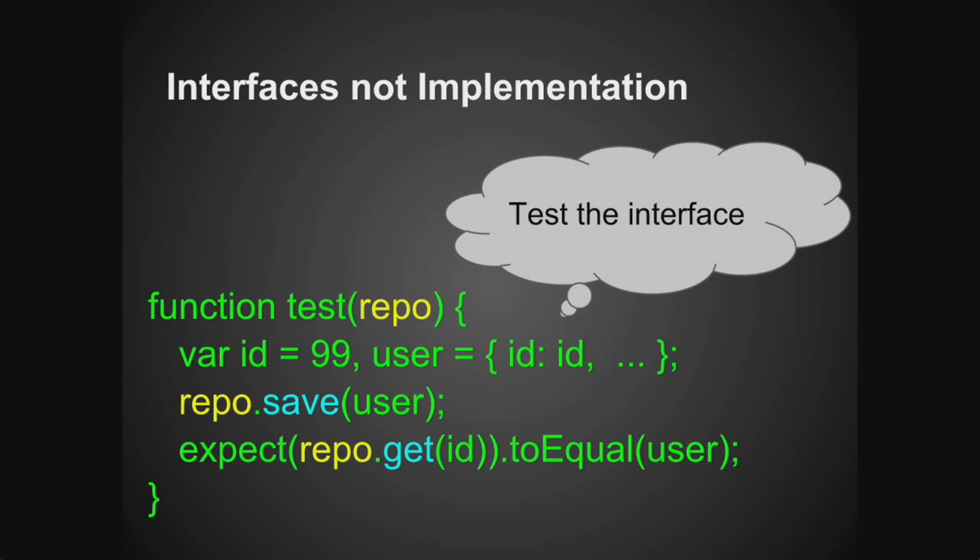I just care about its interface, the save and the get methods. So I'm going to write a test here that saves a user, then calls get and gets the user back, and then verifies that the user I saved was actually the user I returned. And this is all via the interface, not via some implementation that is buried somewhere in the object.